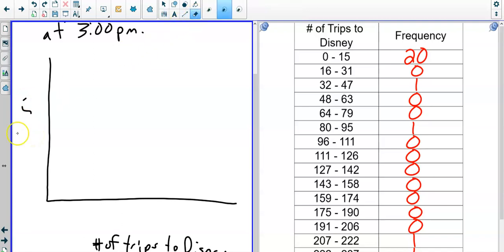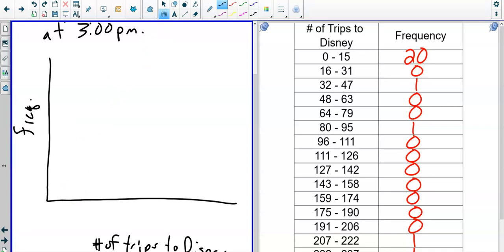It didn't really write frequency for me, so give this a moment. Let me do this. Frequency. Grab this, come over here, spin it. There we go, that's a little better.